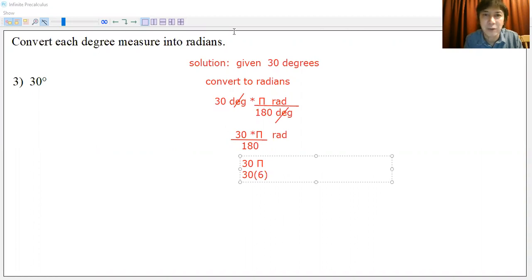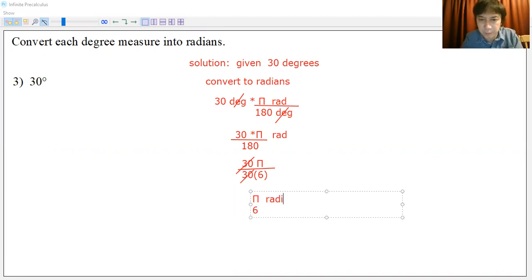You can see the two numbers 30 cancel out, and we're left with the answer pi over 6. Like what I said, it's pi over 6, and this will be radians.